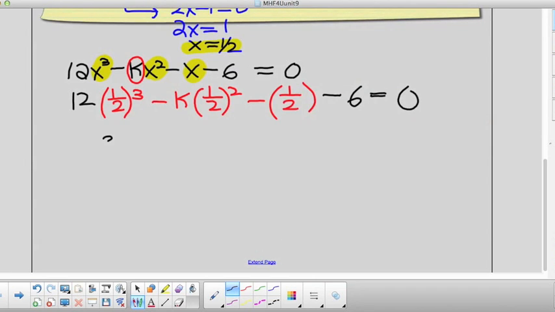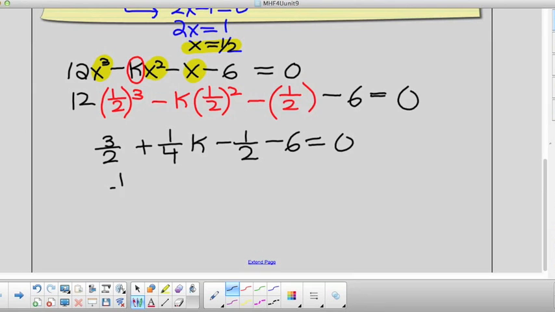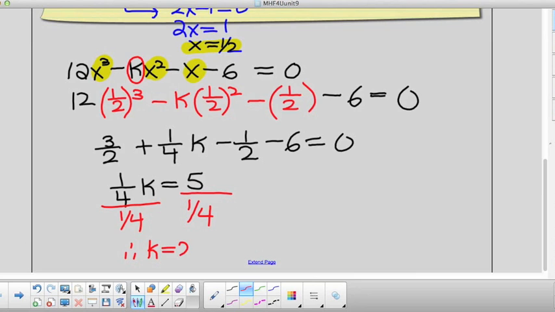That gives me 3 over 2 plus 1 over 4k minus 1/2 minus 6 is equal to 0. So 1 over 4k is equal to 5. If I divide both sides by 1/4, I'm going to get a final answer. K is equal to 20.